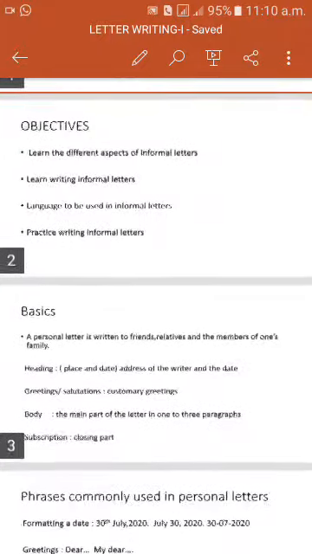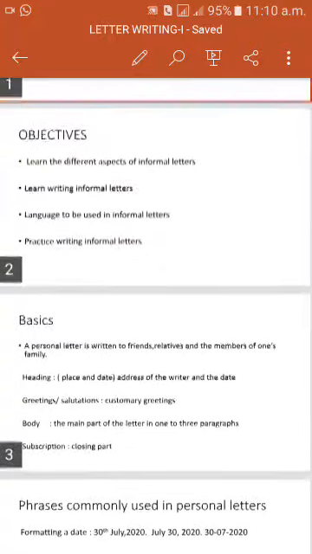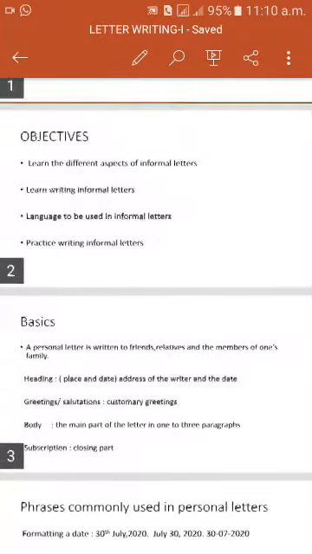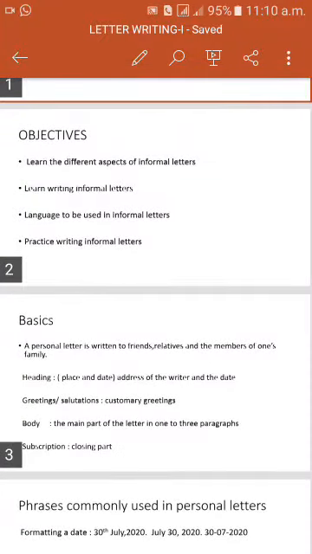First objective is to learn the different aspects of informal letters. What are the different aspects involved in writing informal letters? We will have heading, we will have salutation, and body of the letter, then subscription. These are the different aspects, the different ways of writing these personal letters.